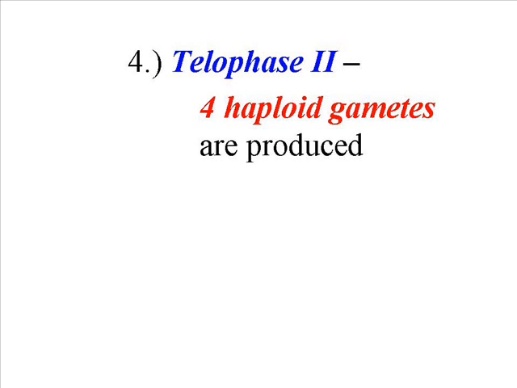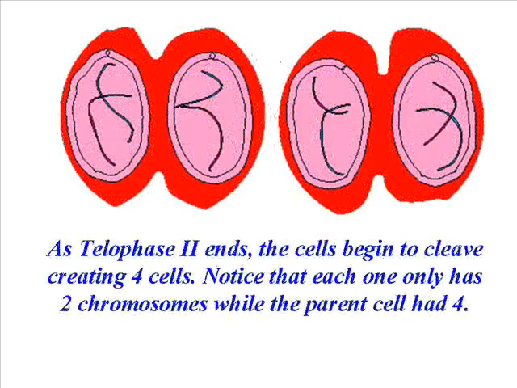Once this occurs in anaphase 2, then telophase 2 will come into play, and with telophase 2, you will finally have, again, the cells begin to divide, and when those cells begin to divide, you will end up with, finally, 4 haploid gametes.